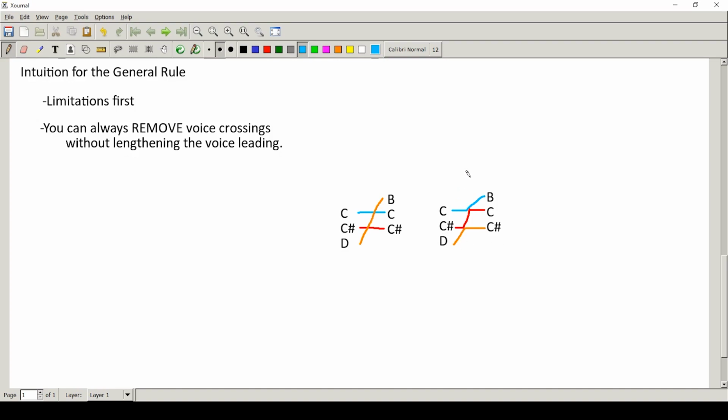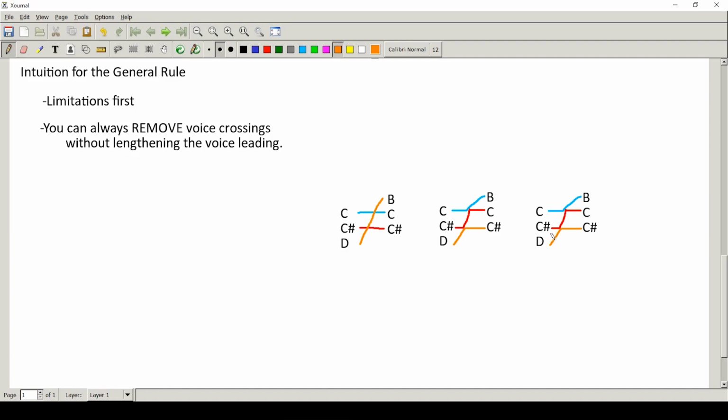So here, again, the idea is this thing right here is the same overall motion up and down as this thing right here. All I've done is recolor the paths, so I haven't changed the distance of the paths at all. And then in principle, I could simplify the picture a little bit by turning these into straight lines.